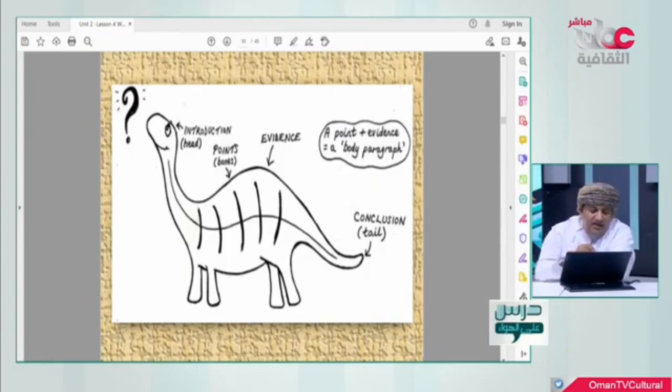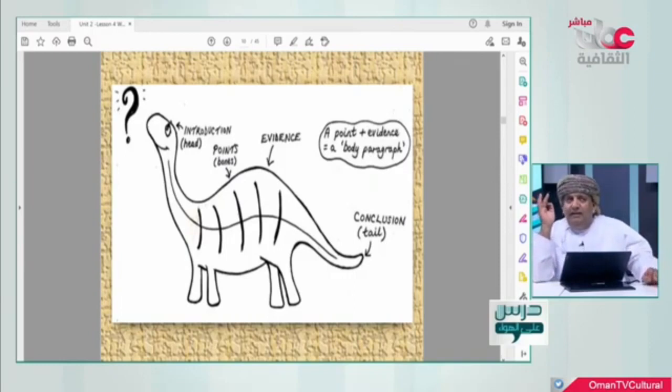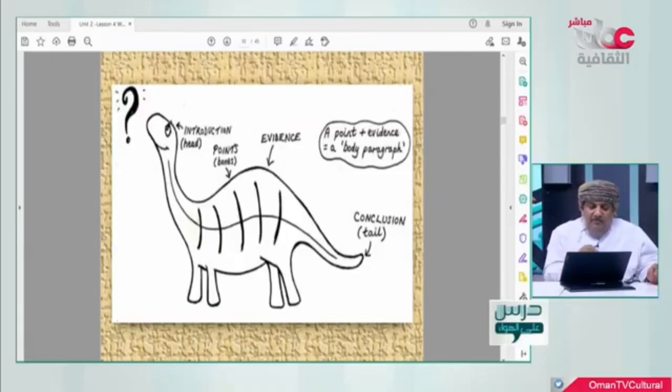And then the second part is the main body, which is the body of the dinosaur. We may have two paragraphs, three paragraphs, four paragraphs, as you can do. But in each paragraph, you should have a specific idea with supporting details. So here we have points and we have evidence. In each main paragraph, we should write some points and some evidence.